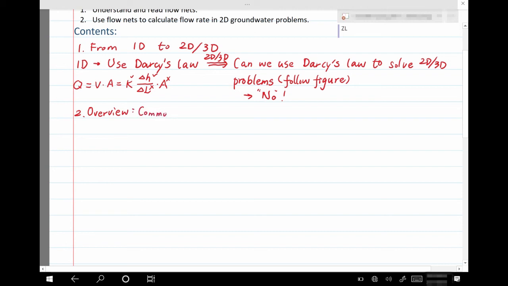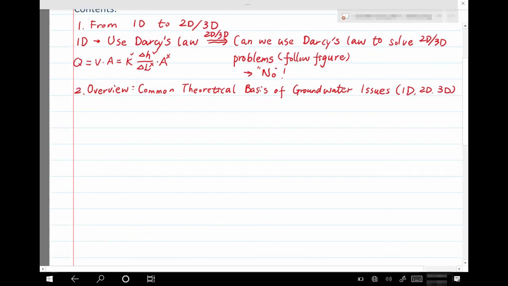This is the common theoretical basis of groundwater issues. So it's for 1D, 2D, 3D, and you will see what methods are available for different cases.